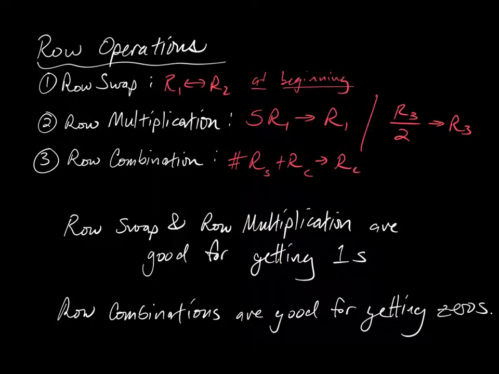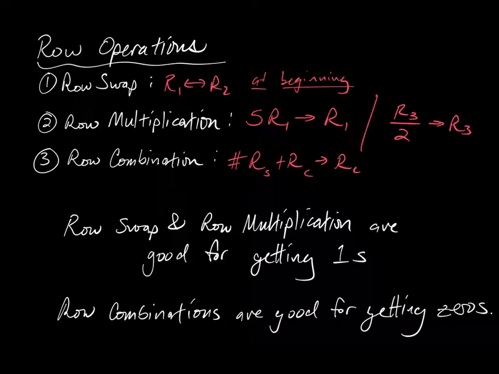And these rules change if you go up into linear algebra, but this video is meant for college algebra students. So it's either you do it at the beginning or you don't do it at all. Usually the matrices are set up in such a way that you do not have to row swap later on, at least where I teach.